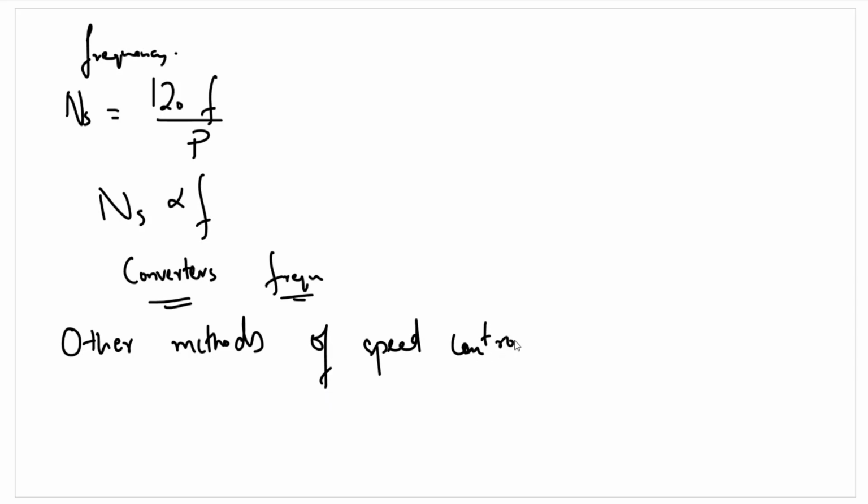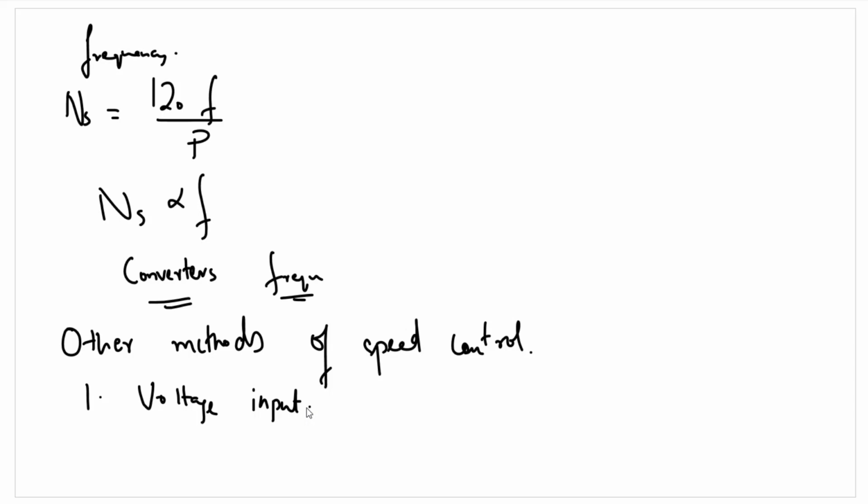we can change the armature voltage. We can change the voltage supply, the voltage input. As we change the input voltage to the stator, the magnitude of the magnetic field will be changed.